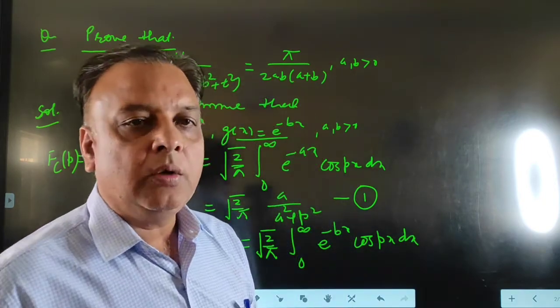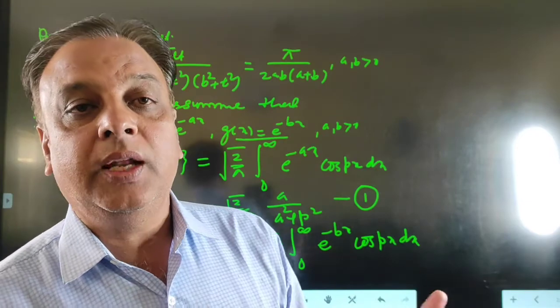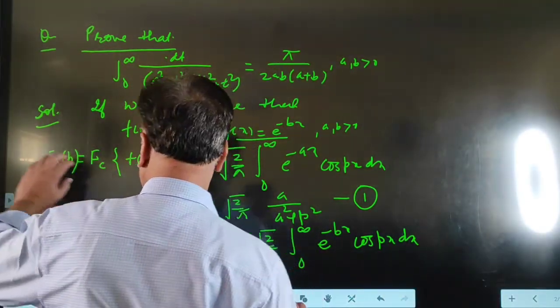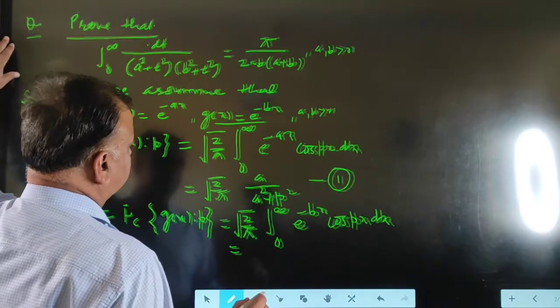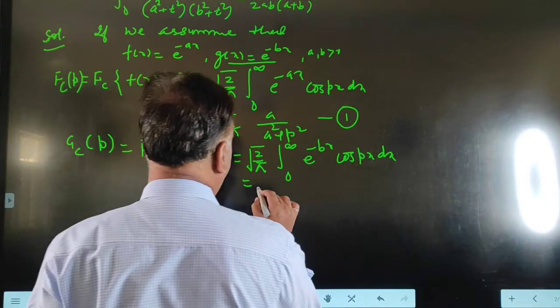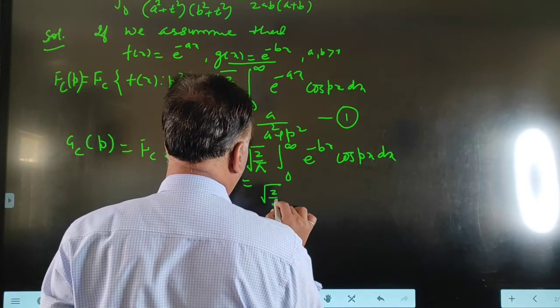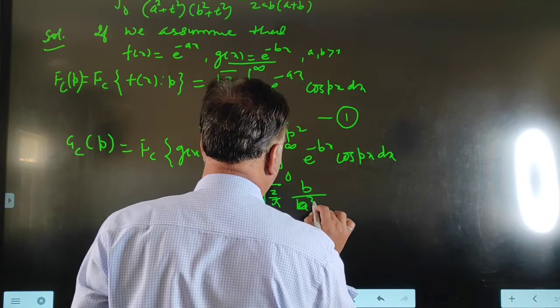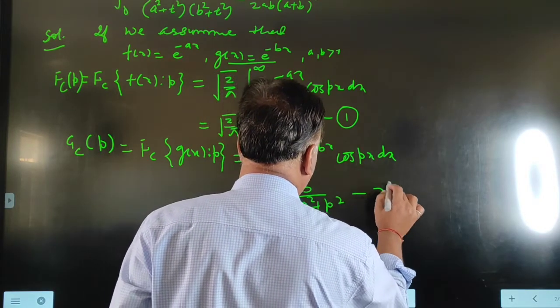Again, using the result of the integral 0 to infinity e raised to minus ax cos bx, we get the value of this one as root 2 upon pi into b upon b square plus p square, number 2.